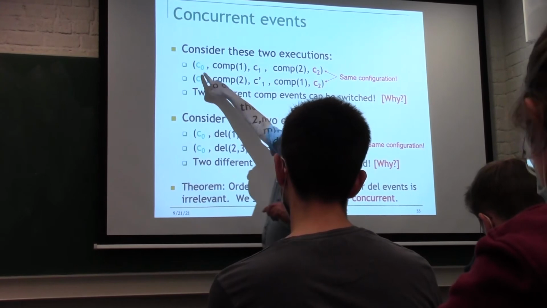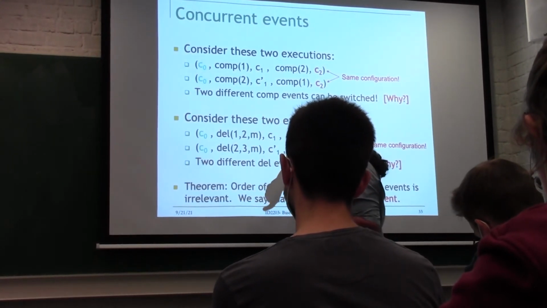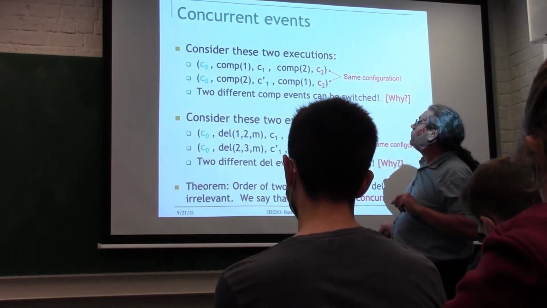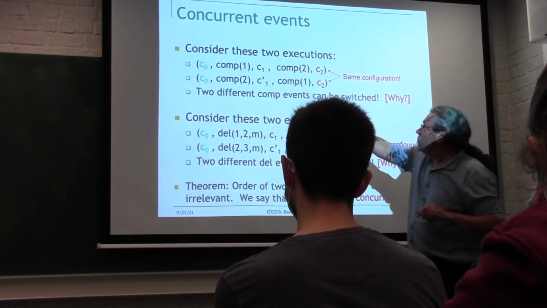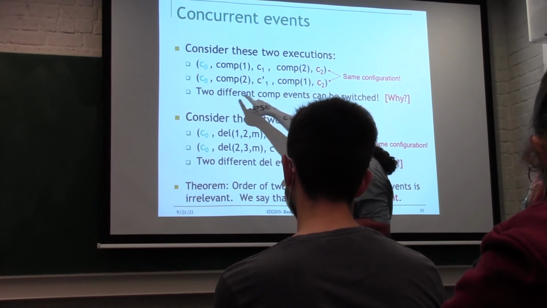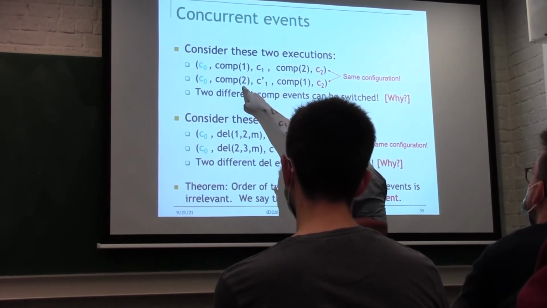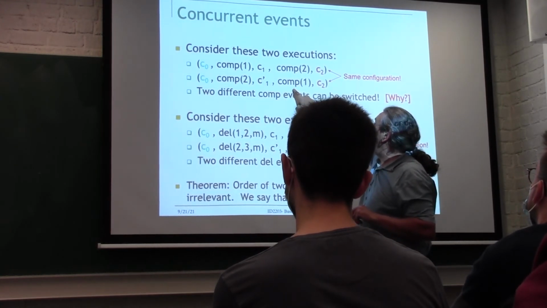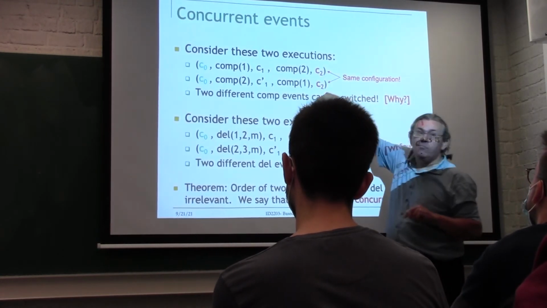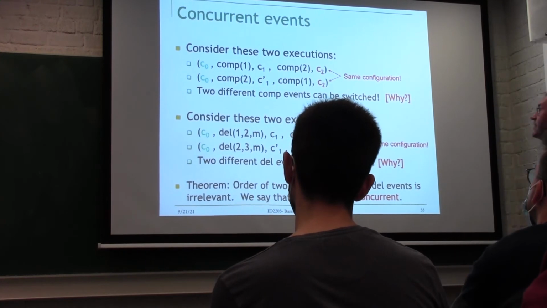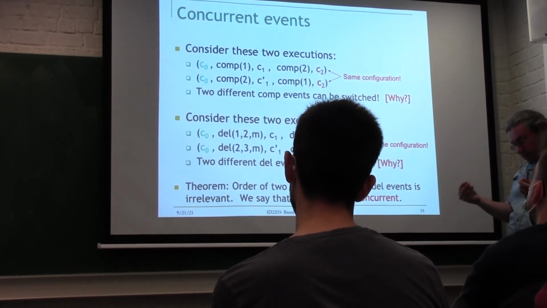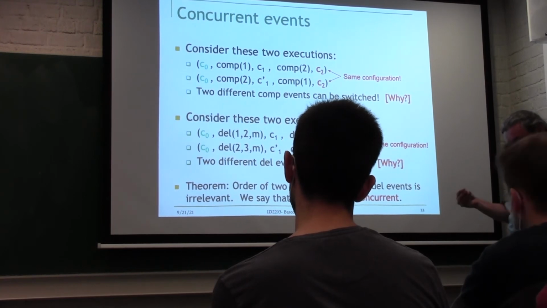So here I go from C0, I do comp 1, which gets me to C1. I do comp 2, gets me to C2. Now, I can switch these. I can do C0 and then do comp 2, which gets me to another configuration, C1 prime, and then comp 1. And at the end I get the same. You see why that is like that? It's very intuitive. I have two processors, each one doing computation.